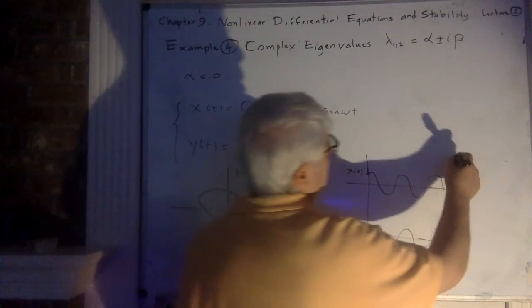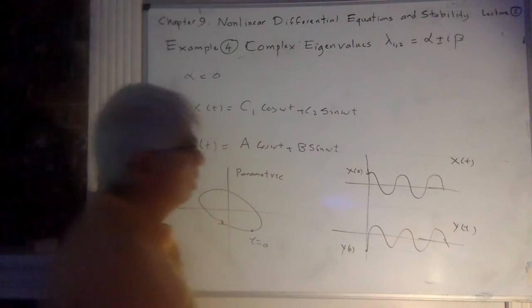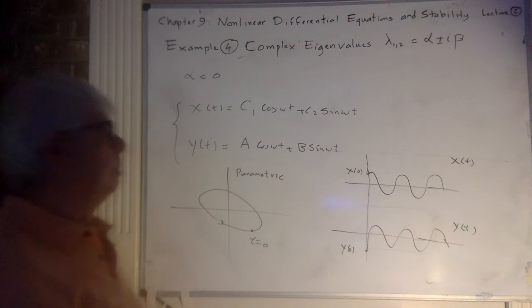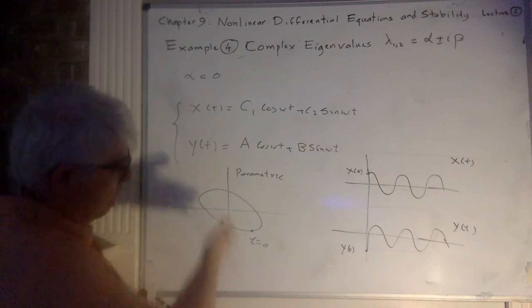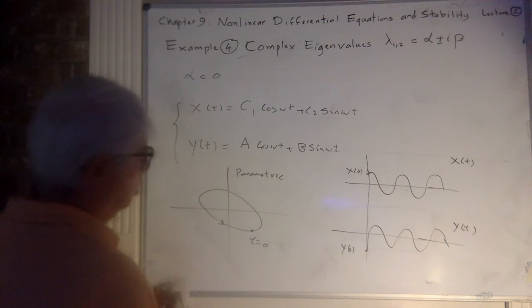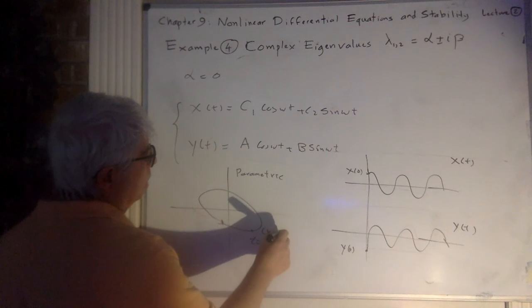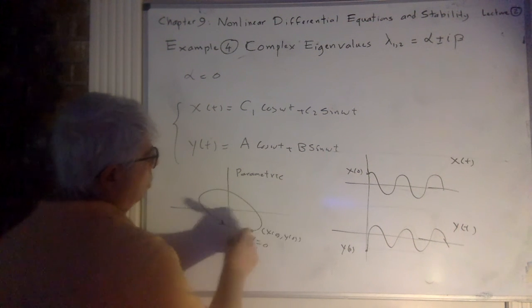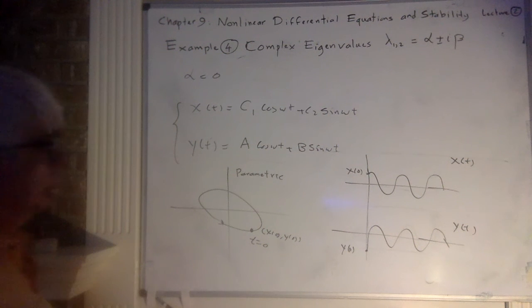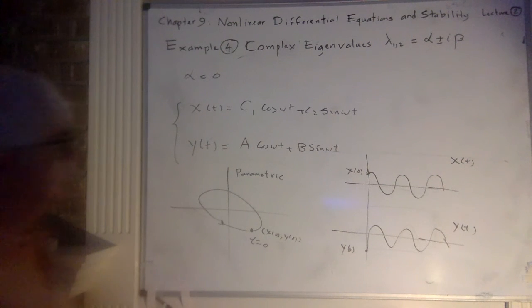So if this is x, and this is y, they are both like sine and cosine, and so that is the parametric form. So at t0, I have this point x0, y0. X positive and y negative.